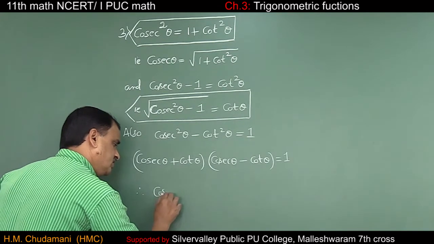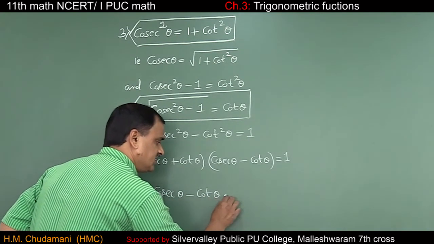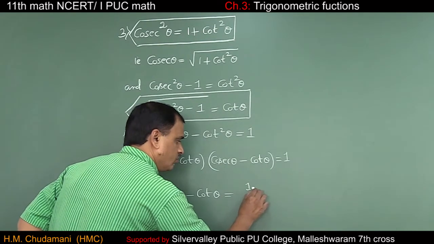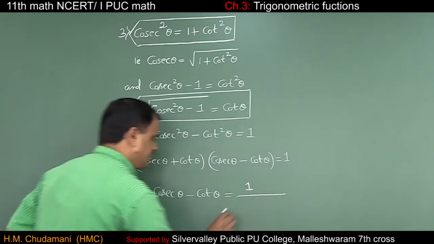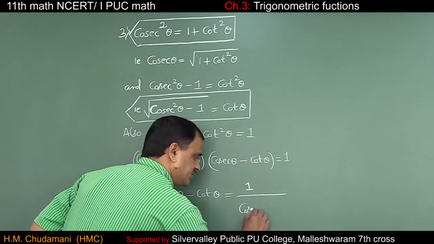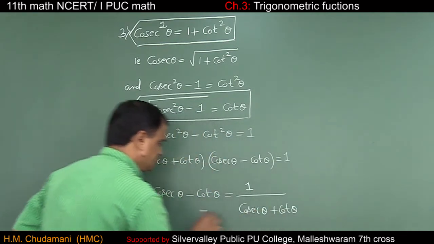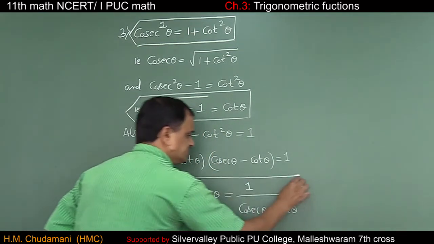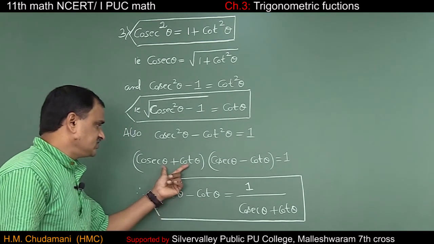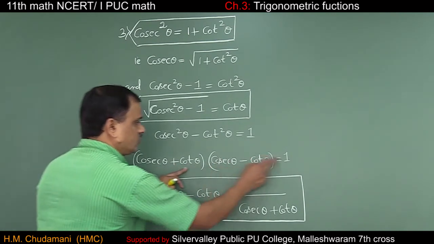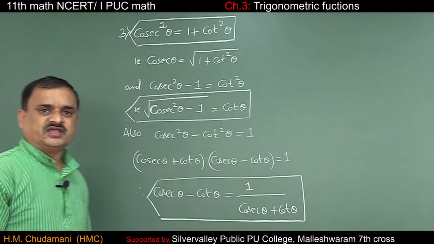Therefore we can write cosecant theta minus cot theta is equal to 1 divided by cosecant theta plus cot theta. Similarly, cosecant theta plus cot theta is equal to 1 divided by cosecant theta minus cot theta.